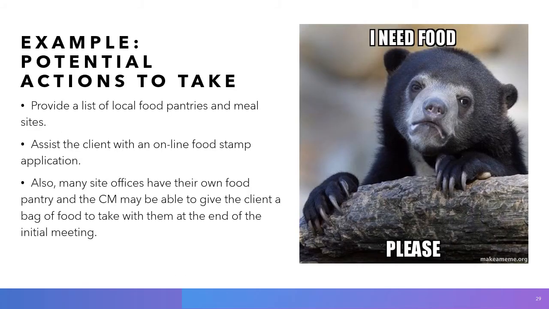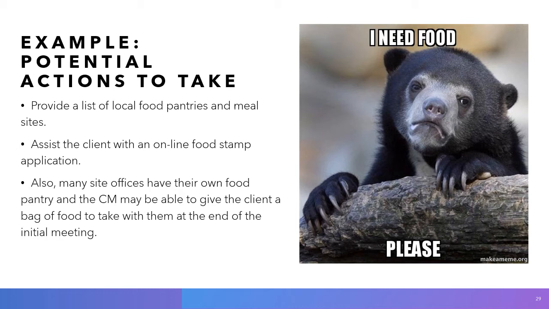An example of an immediate critical need that a case manager may be able to help a client with during the initial meeting is food. If a client tells you that they've spent their entire Social Security check on rent and that they have no food for the month, there are a few ways that a case manager may be able to help with that immediate critical need.